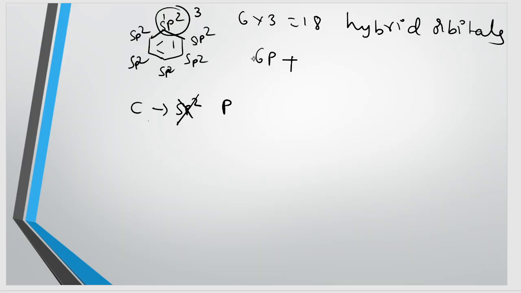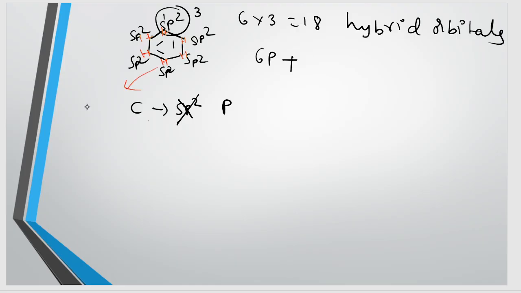Along with that, consider the hydrogens here: each carbon atom is already attached to 3 bonds, so each carbon atom has one hydrogen.